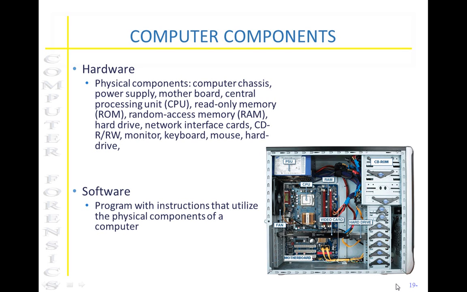So it's going to be things such as the power supply, the motherboard, the central processing unit, the read-only memory, the random access memory, things like this, the actual hardware of the computer itself. The software is going to be any programs with instructions that utilize the physical components of the computer.